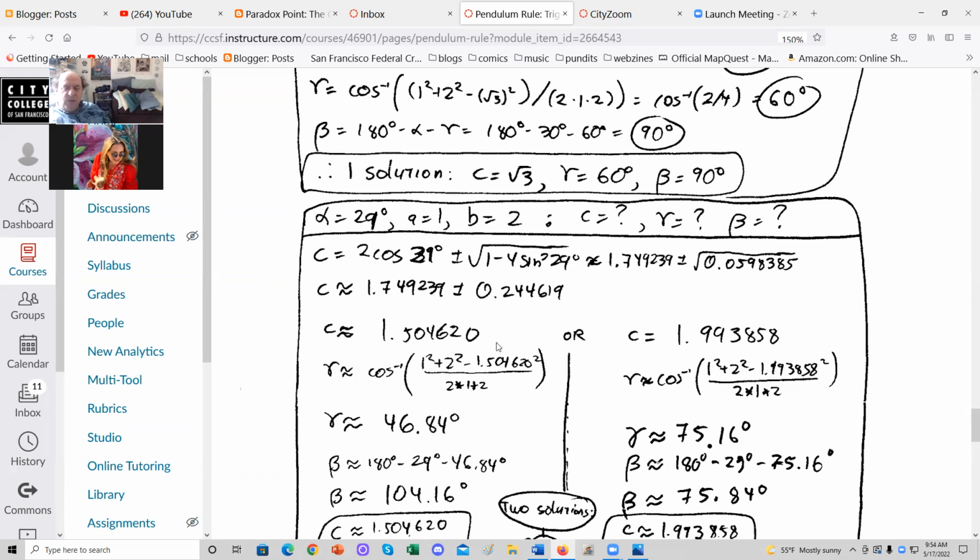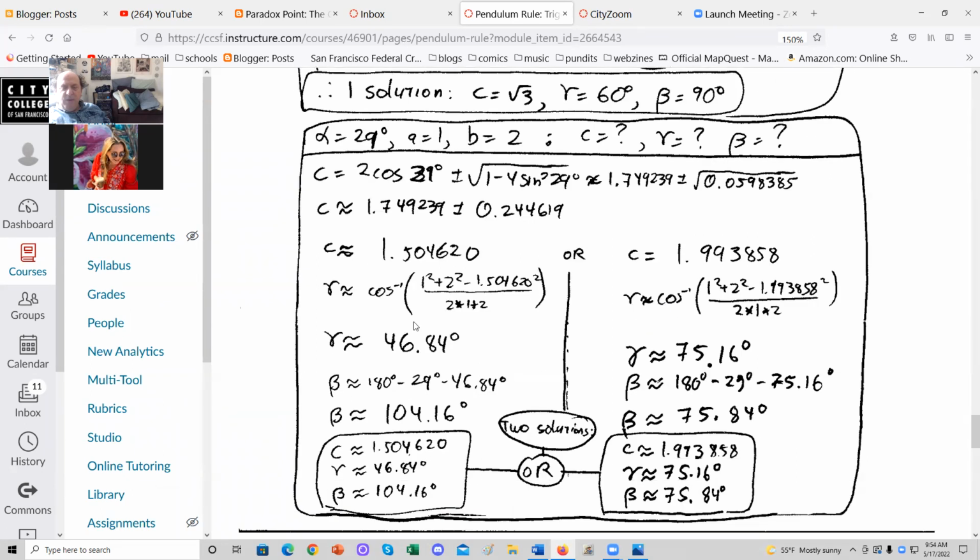Okay, here's one solution, 1.749239 minus 0.244619, which is 1.504620, or this, which is 1.749239 plus 0.244619. Namely this, C is 1.993858. To find gamma, we use gamma's arc cosine of A squared plus B squared minus C squared over 2AB here and here. After a bit of work, gamma is 46.84 in this case and 75.16 in this case.